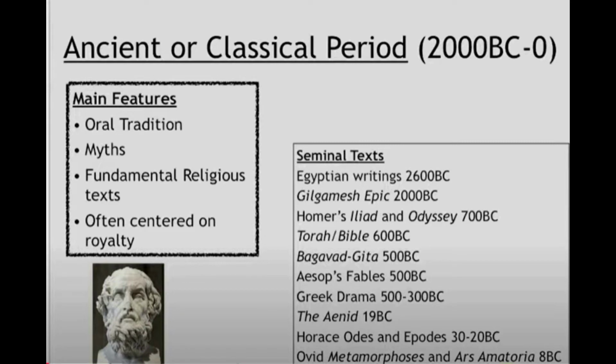These are the oral traditions of hero stories of people who are gods or kings or combinations thereof, and we see in the Iliad and the Odyssey the exploits of Odysseus and of the kings and princes around Troy and Greece, and how they fight for power and to preserve their family or their powers or their sanity in some cases.